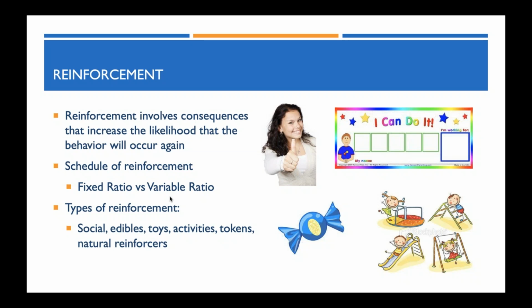If it's a fixed ratio of 2, you would deliver after every second response. Then you would gradually want to move to a more variable ratio. So you do, on average, for example, a variable ratio of 3 responses. So you would reinforce after every third correct response.